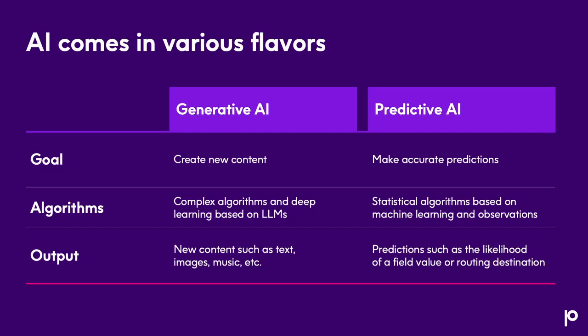But before we get into the specifics of that, I think we need to clarify what we're talking about when we talk about artificial intelligence, because it comes in lots of different flavors. The two core ones for us to think about are generative AI and predictive AI. Generative AI is the one that everybody's talked about for the last few months that became very hot all of a sudden, where you're talking about Bard and ChatGPT and DALL-E and all those other various things.